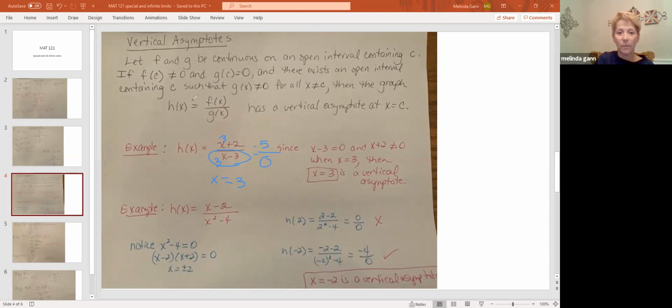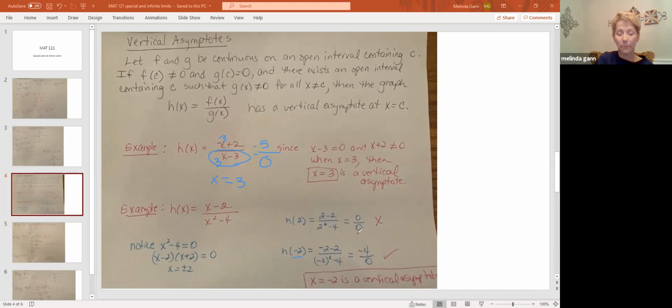So this theorem does not apply to this number. When I plugged in a negative 2 for x, I got a negative 4 on the top and I got 0 on the bottom. So there was a number that made the bottom 0 that did not make the top 0, then x equals that number ends up being your vertical asymptote.